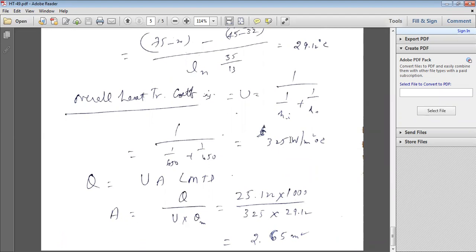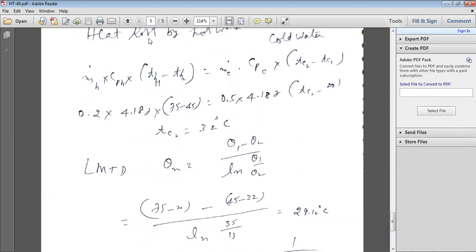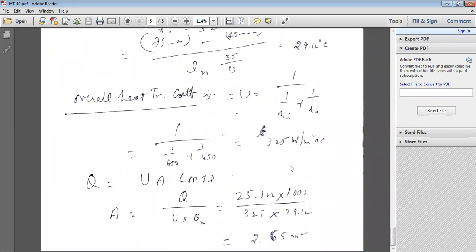But if you neglect conduction, U is equal to 1 by Hi plus 1 by Ho. Like that, the basic concepts are very important. If you thoroughly know them, you can easily solve any type of problem under these heat exchangers.